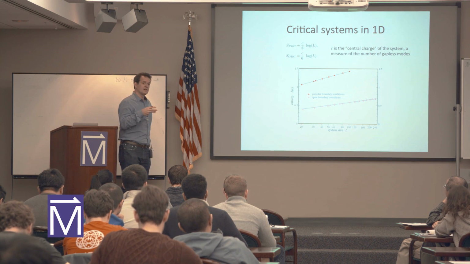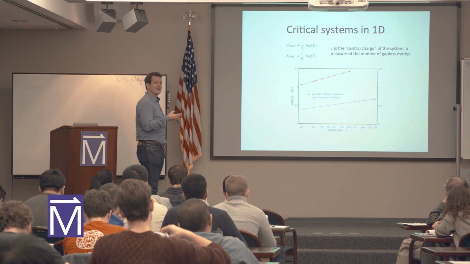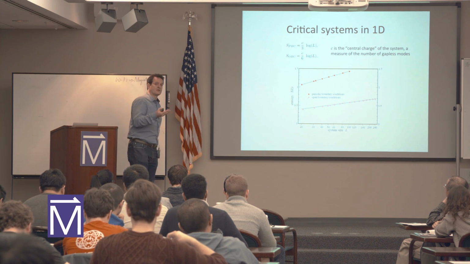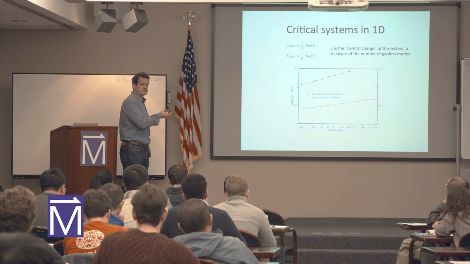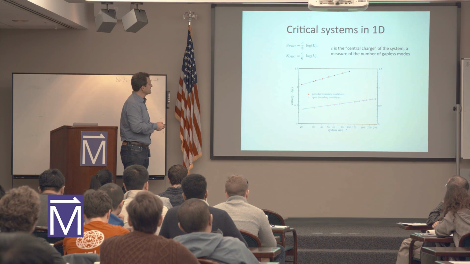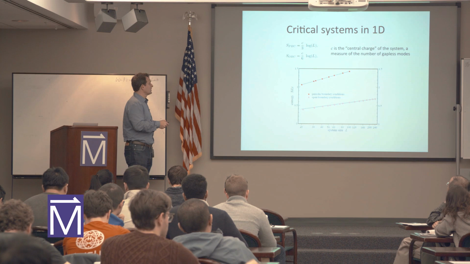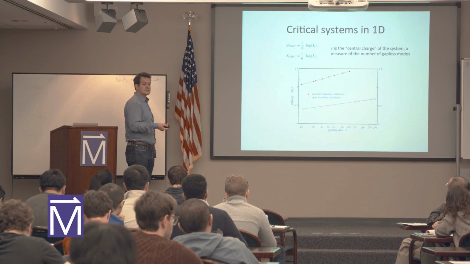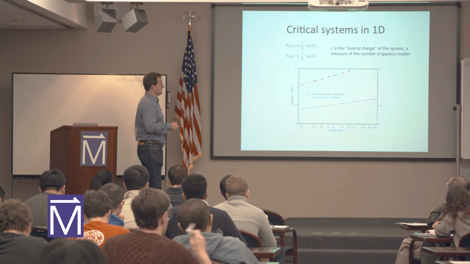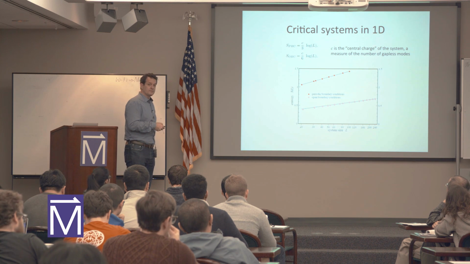We can have critical systems in 1D that are not conformally invariant. But this is a typical case of a conformally invariant one-dimensional chain. Conformal field theory tells us that the entanglement entropy goes as c/3, where c is the central charge, times log of the length of the boundary.